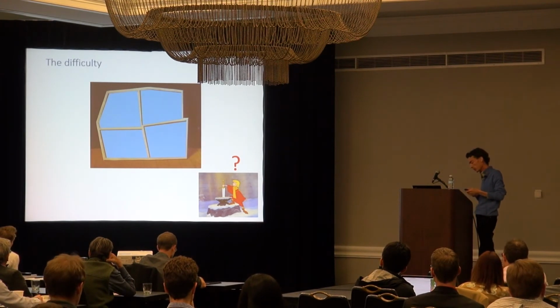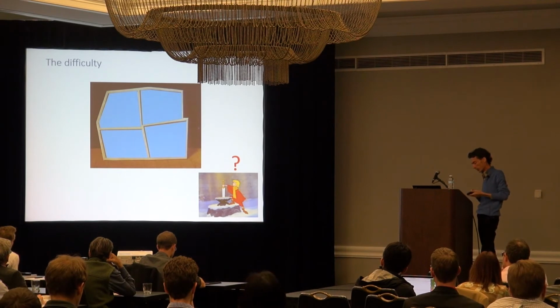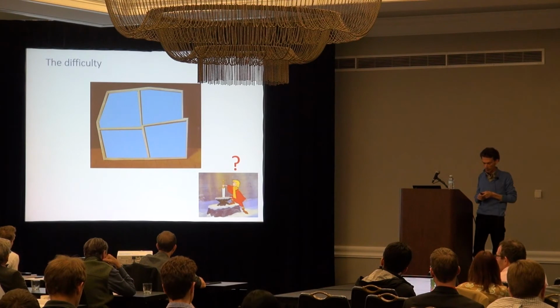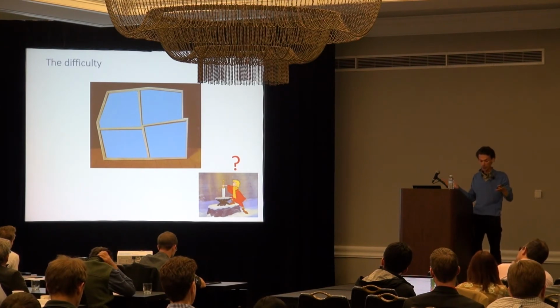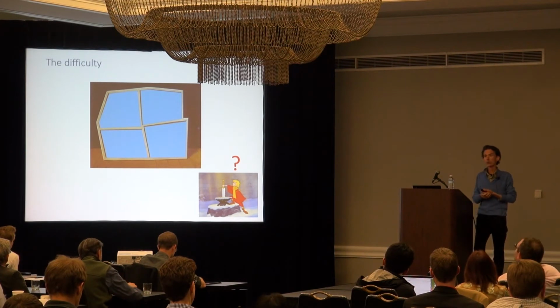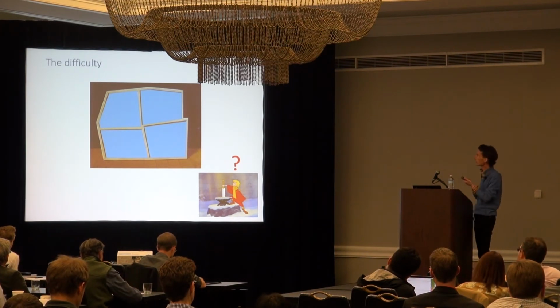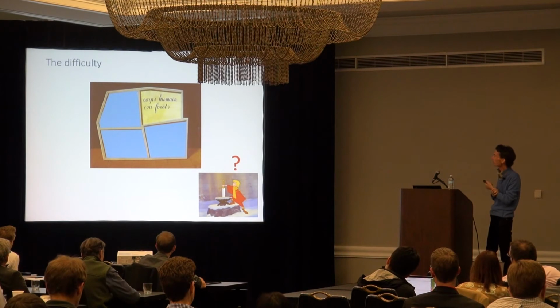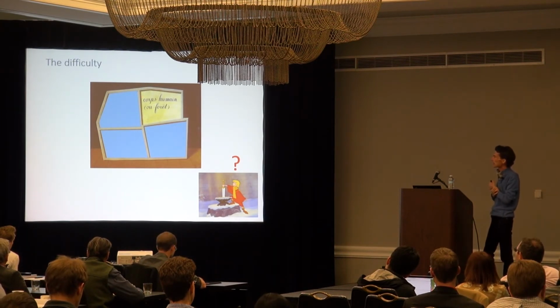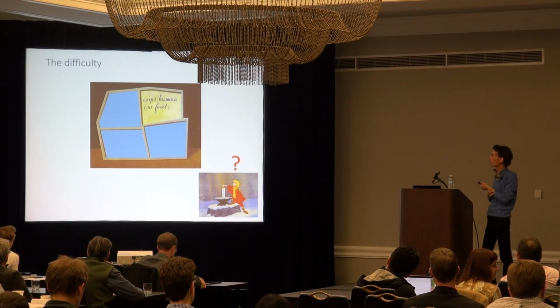So I'm going to try to make you feel what is the difficulty that Arthur is facing. In the classical case, we were trying to check that there exists a global assignment to the variables of a 3-SAT formula that satisfies all these local constraints. And we managed to do this, and it's because classically, things are okay. If you read a picture like this and you look at only 1 bit at a time, then it's not so easy to check that things are consistent, right?